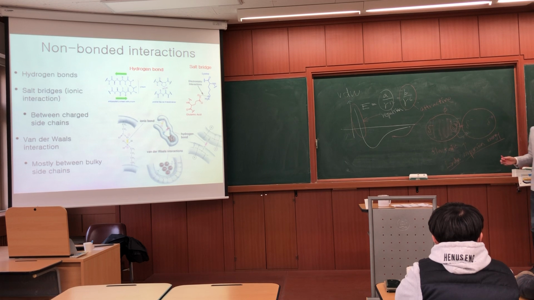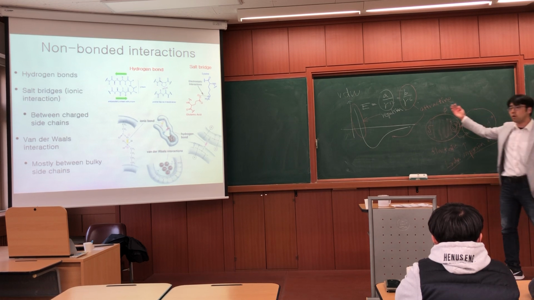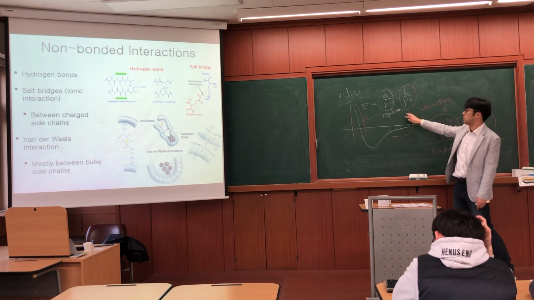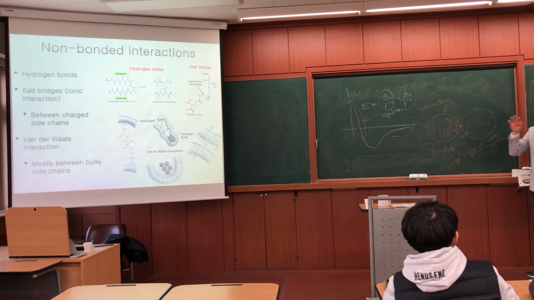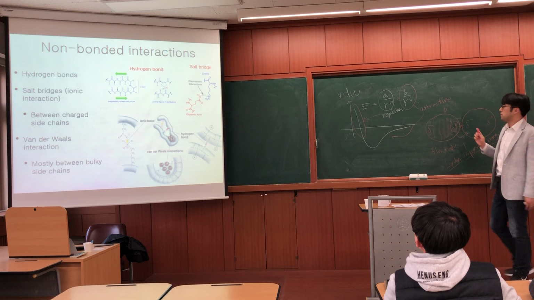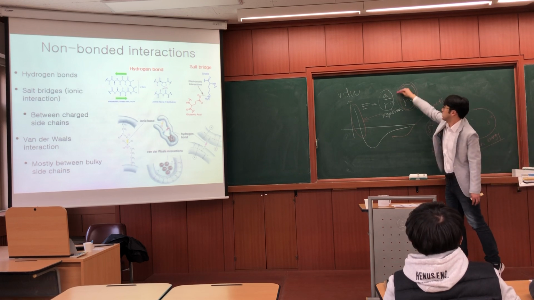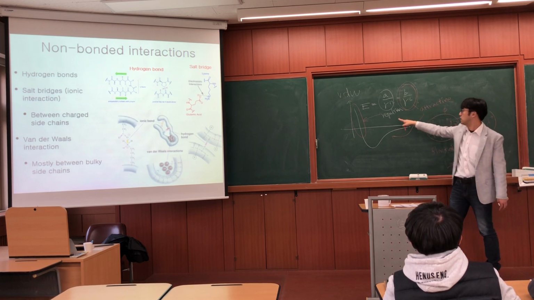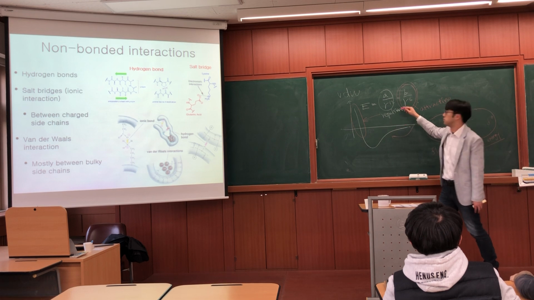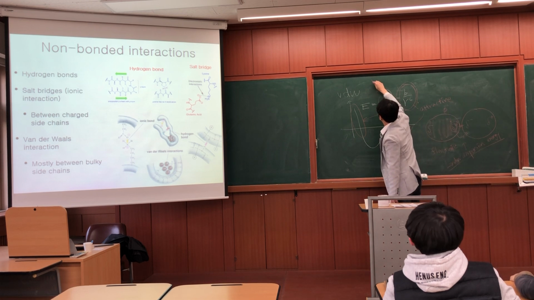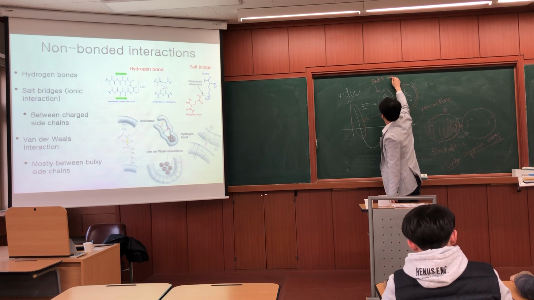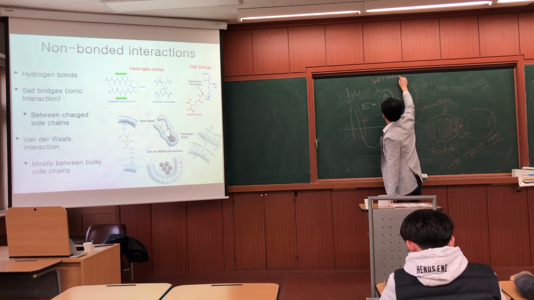In many cases, dispersion energy is almost identical with the van der Waals interaction. They are very similar terms, but more specifically, this term only corresponds to dispersion interaction, and this repulsion term is mainly because of Pauli's exclusion principle.